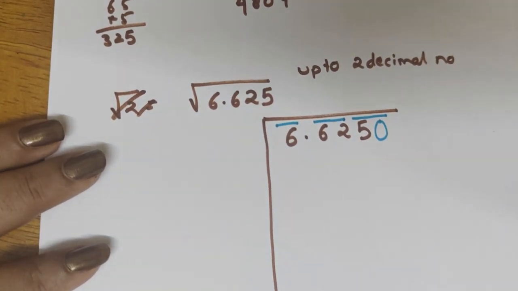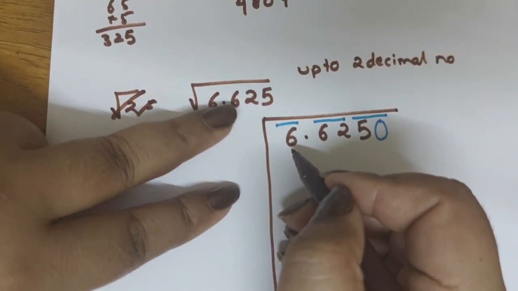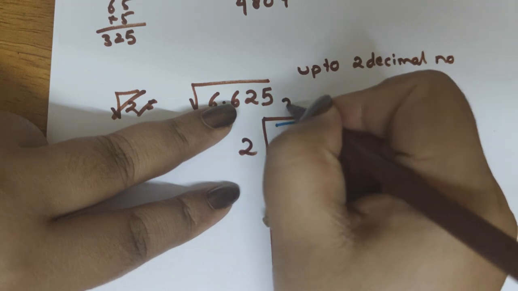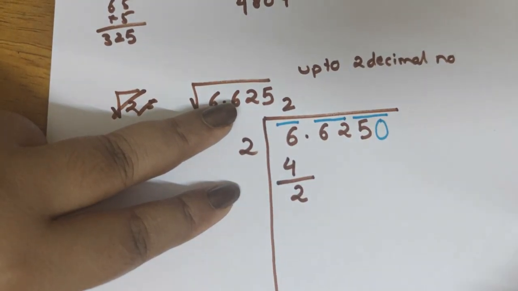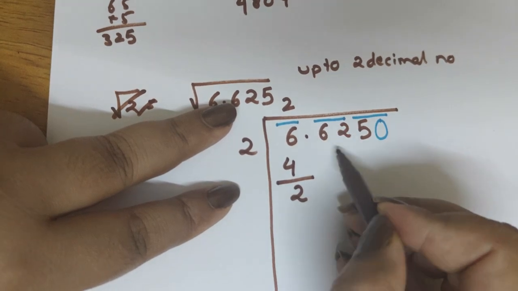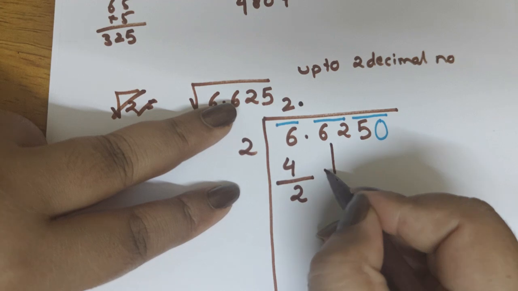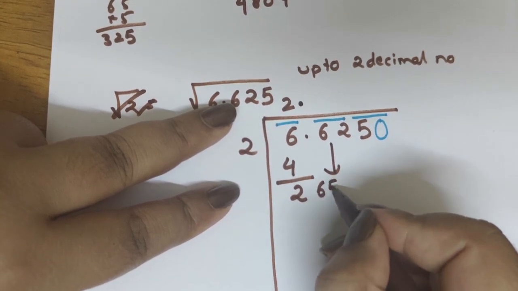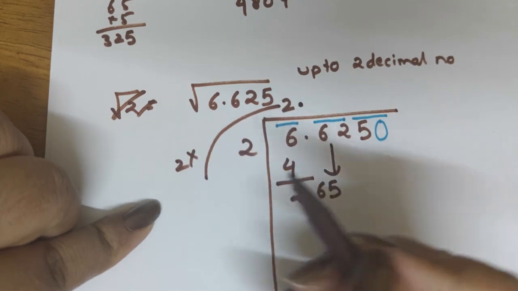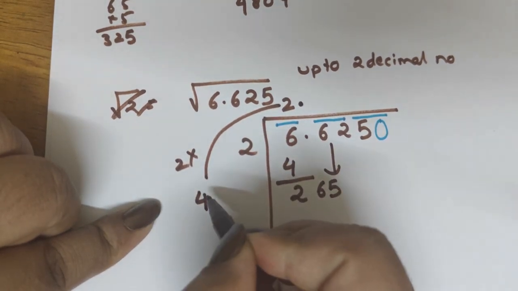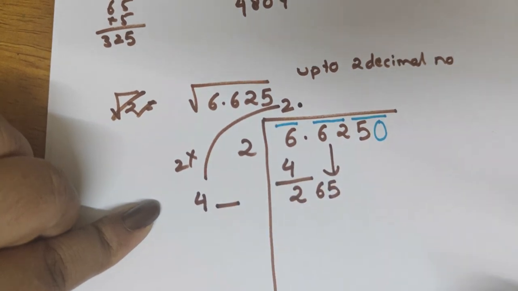Okay, so let's start solving. Again 6, so what will come? 2 2s are 4, remainder will be 2. Now since I have to bring the pair after decimal, I will put decimal here and bring this down. It will be 22, and this will come here after multiplying it by 2. It will be 4. Now I have to find any number here.